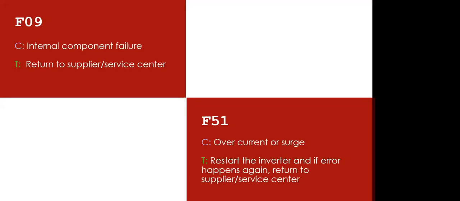If the surge is coming from the PV, which is our solar part, it can cause the F09, which is burst soft start fail.